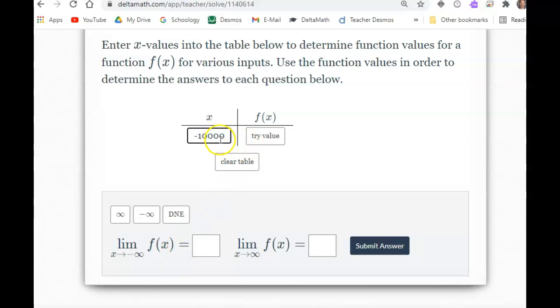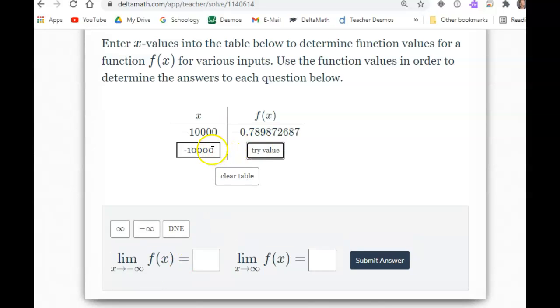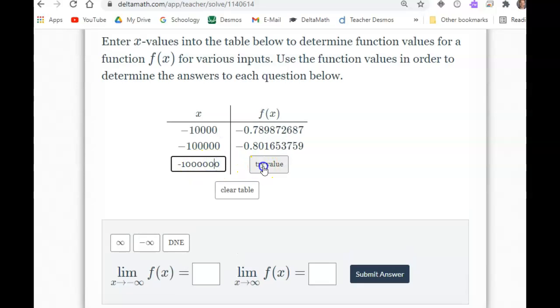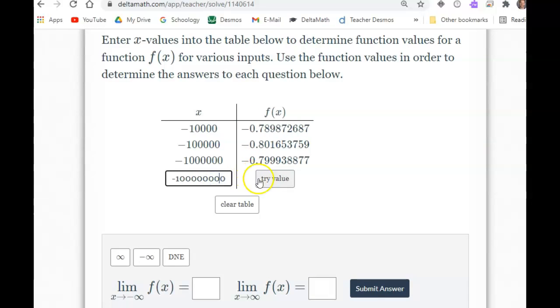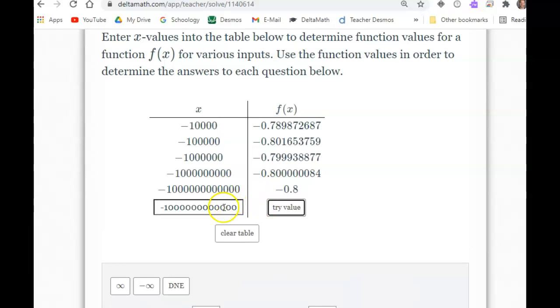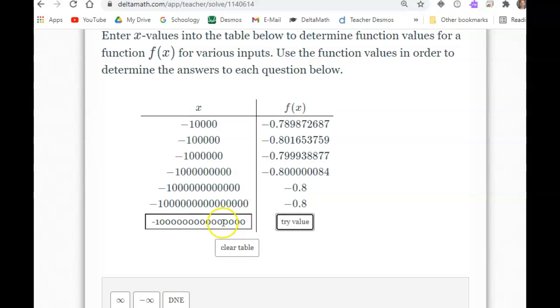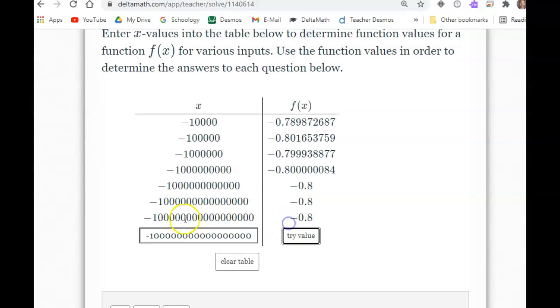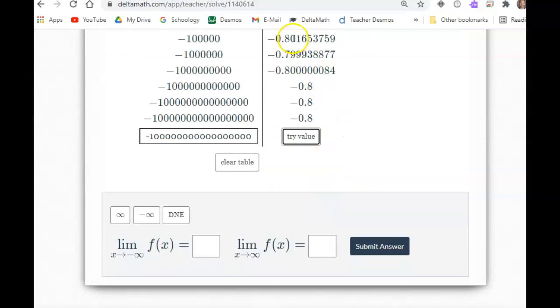We can try negative 10,000. Let's add another 0. Let's keep adding zeros. Let's go really crazy. And you notice these numbers are huge, right? They're really large negative numbers, and it's approaching negative 0.8. That's what the output is approaching.